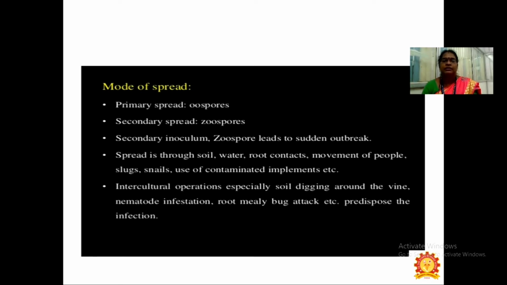Spread is through soil, water, root contacts, movement of people, slugs, snails, and use of contaminated implements. Intercultural operations, especially soil digging around the vine, nematode infestation and root mealybug attacks predispose the vines to infection.